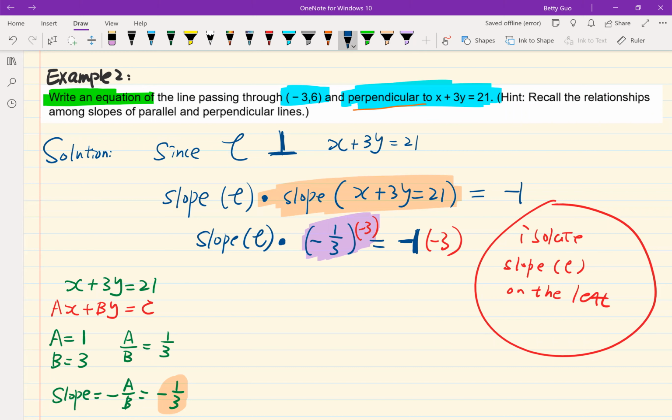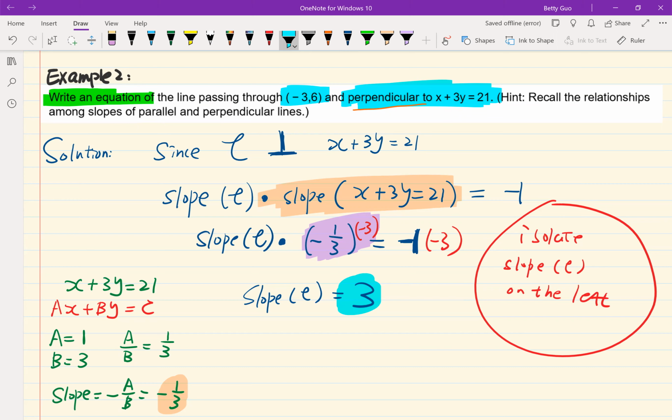So we have slope of L isolated on the left. On the right, we have -1 times -3. What's -1 times -3? Positive 3. Here we go. We got a slope for the equation we are looking for, right? So do you see that?